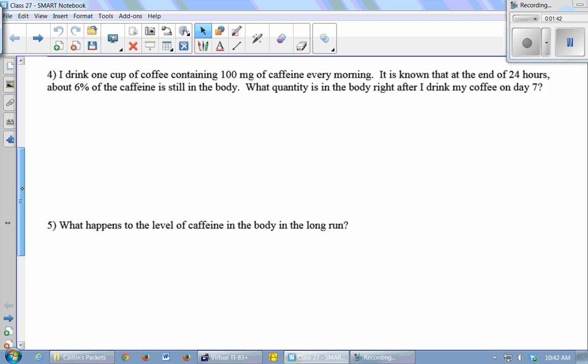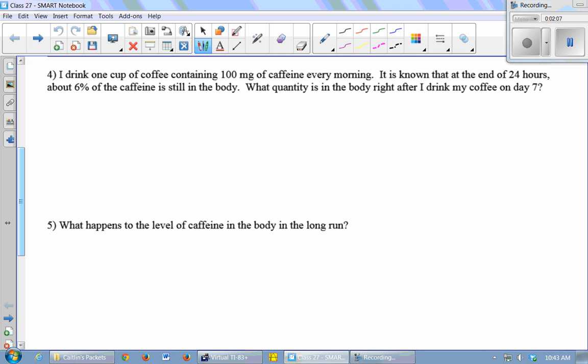Okay, so here's the coffee example that I used to introduce limits at the beginning of Calc 1. If I drink 1 cup of coffee containing 100 milligrams of caffeine every morning, it's known that at the end of 24 hours, about 6% of the caffeine remains in your body. So what quantity is in the body right after I drink my coffee on day 7?